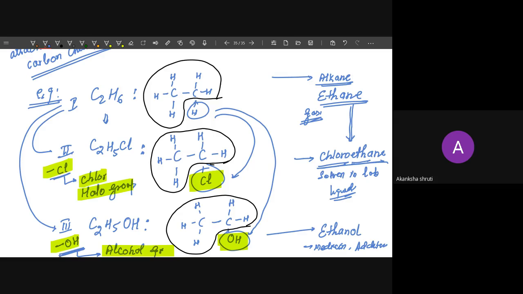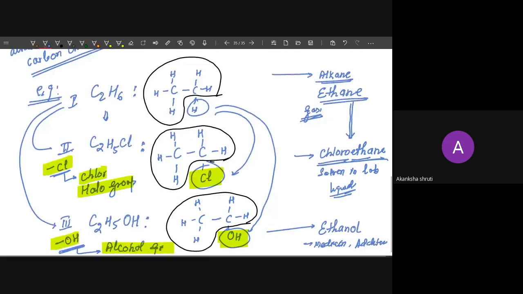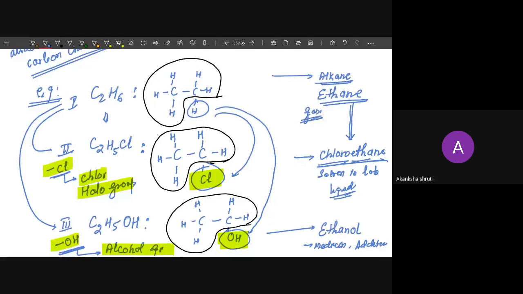And if the OH group or alcohol group is there, then it is used as medicine and in petroleum. So this way we are observing this Cl, OH. These are the atoms or group of atoms that decide the characteristic of the entire molecule, irrespective of their other carbon chain.